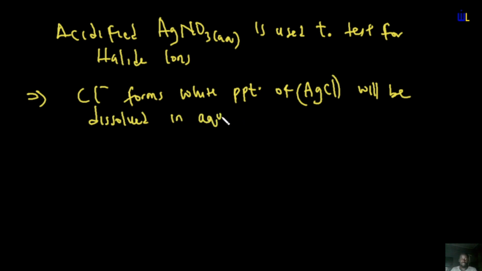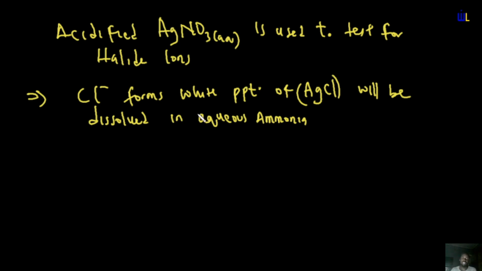Okay, so aqueous ammonia. So just have that in mind, that whenever you see AgNO3, just suspect halides. That is chlorine, bromine, or iodine. Just suspect these three things. When they say acidified AgNO3 or acid plus AgNO3, start suspecting a halide.